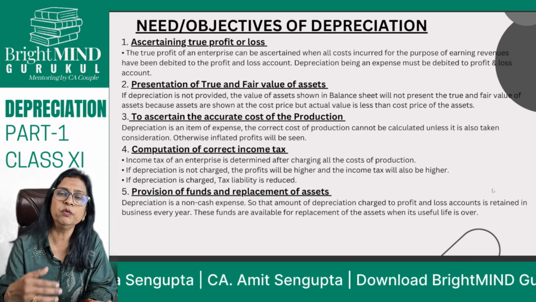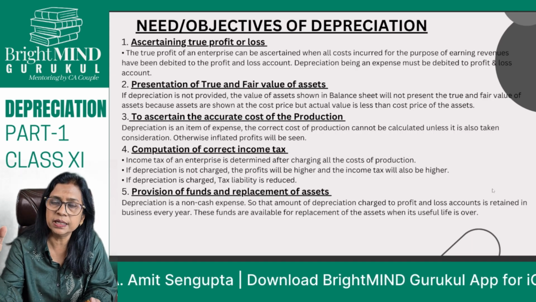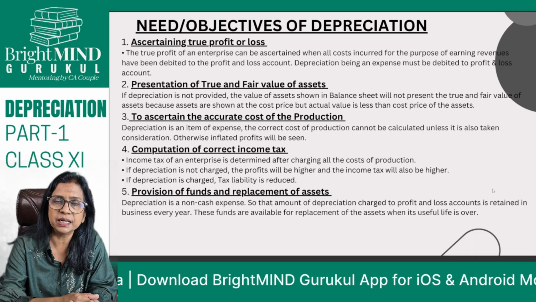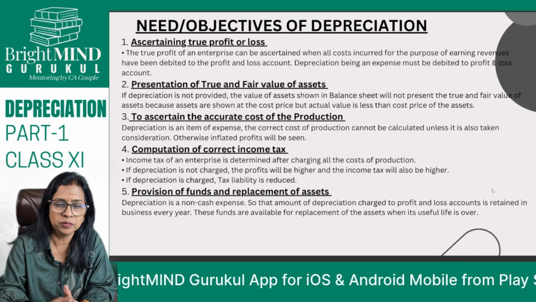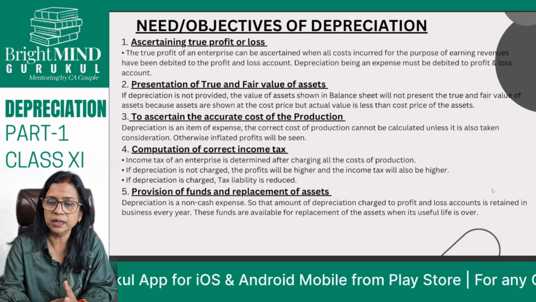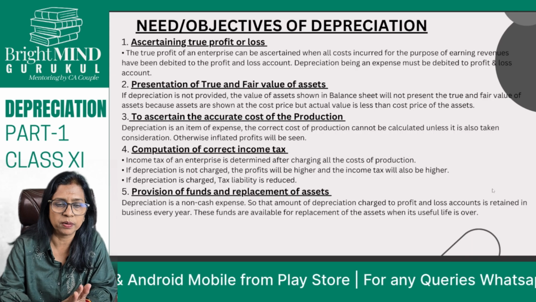But if you ignore it, you will not be able to find out the actual true value of the asset in your balance sheet, and the expense that is actually happening year by year, you won't be able to charge. So depreciation is done so that the expense is debited to the profit and loss account.